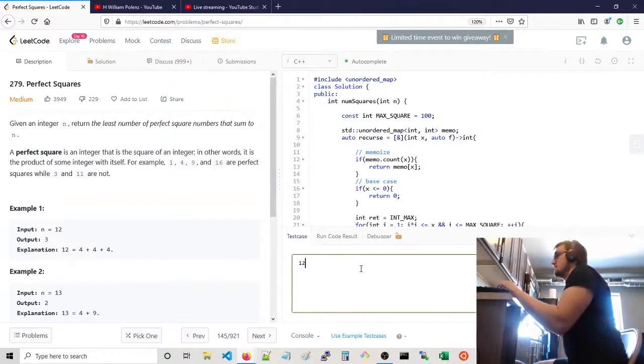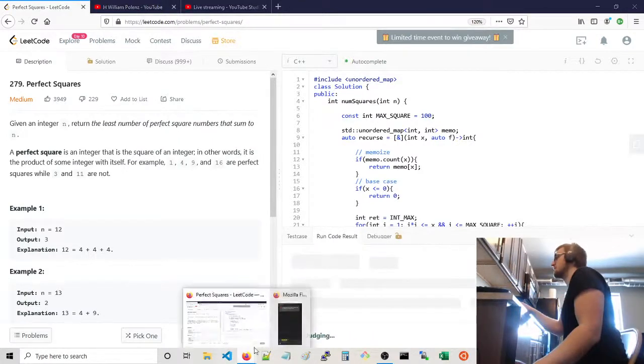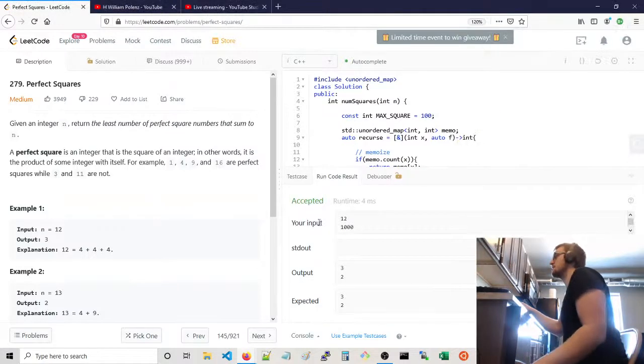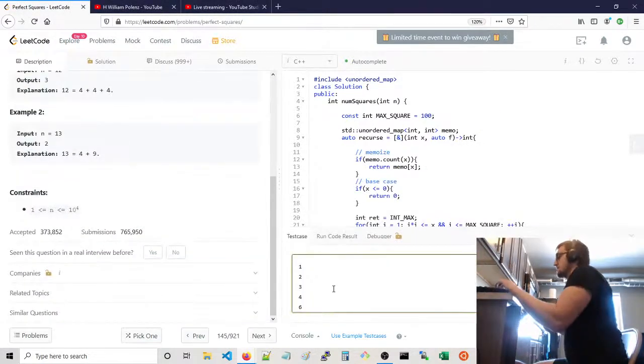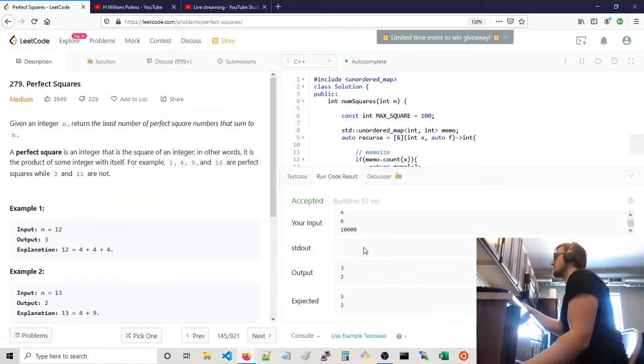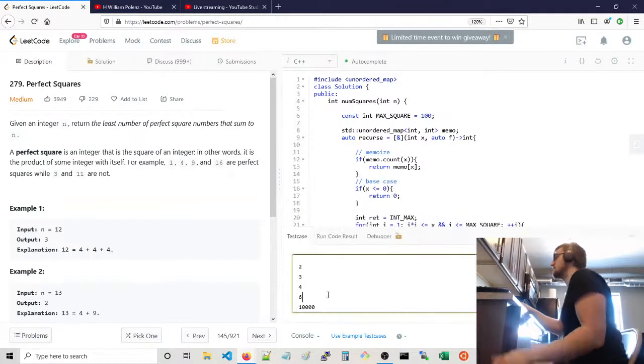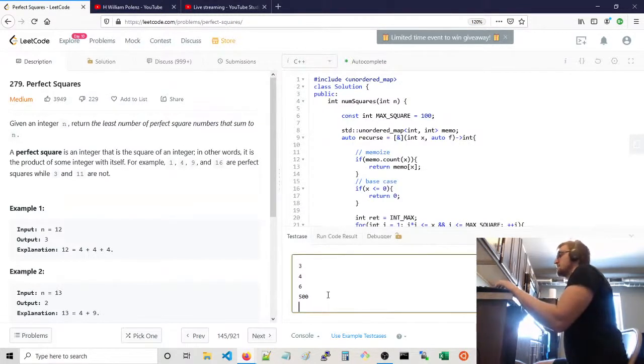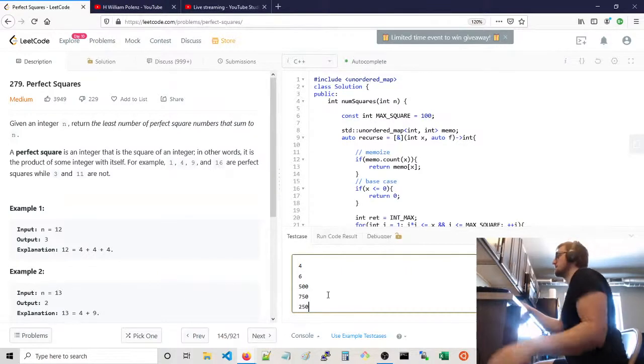All right, what are the other solutions? Let's go with all these numbers. Let's try like 10,000. That's probably correct then. 500, 750, 250, whatever, I don't know.